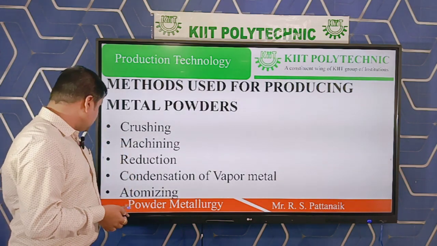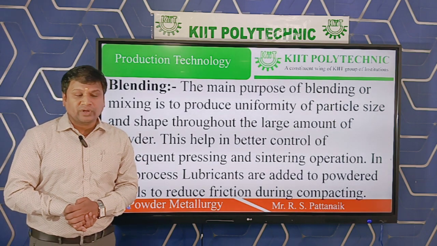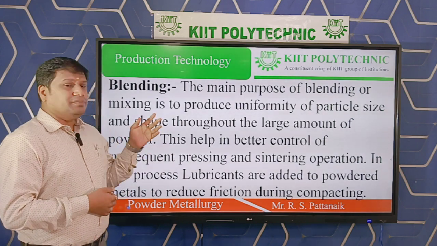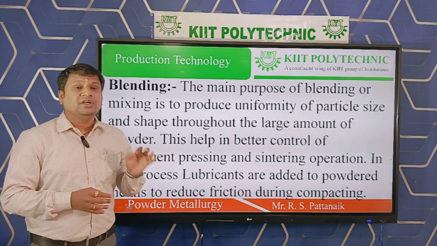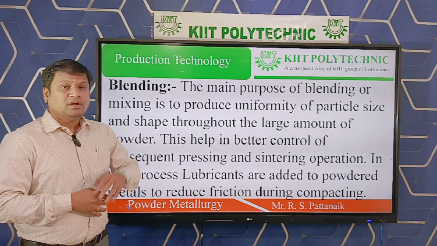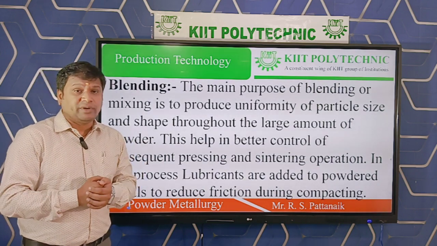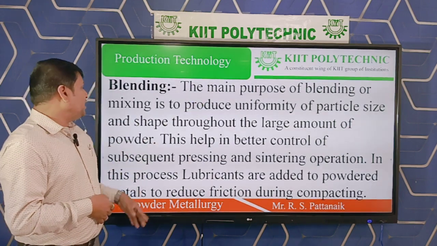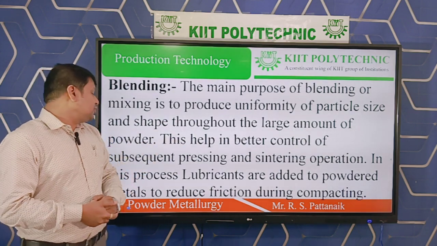Okay, so next step is the blending, or we can say mixing. The main purpose of this step is uniformity in shape and size. This step is particularly used for producing uniformity of metal powder in shape and size throughout the large amount of powder.